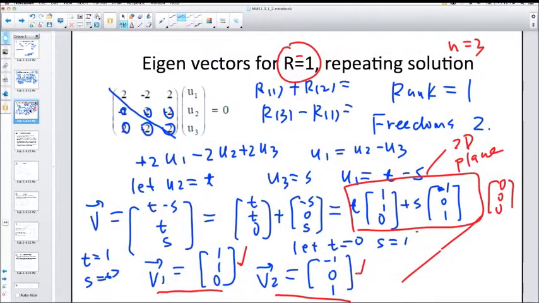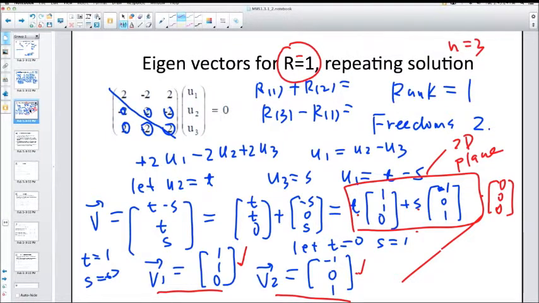If you look at this plane, add the 0 vector, 0 is another eigenvector, it always satisfies the equation. You get the complete plane. You let t equal 0, s equal 0, you can get 0, 0, 0.